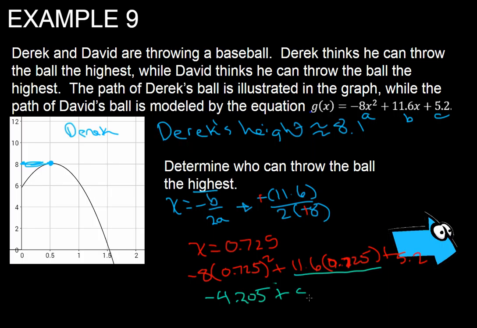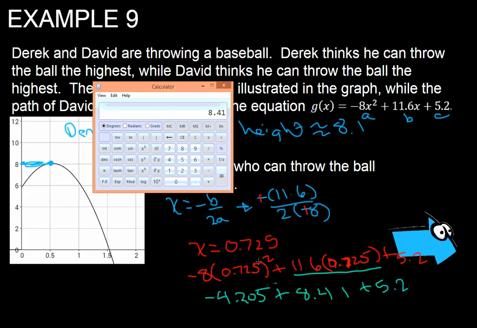So plus 8.41 plus 5.2. All right, so here we go. Let's combine these two together. So we have 8.41 plus 5.2, and then we're going to minus 4.205 from it, and we're going to get 9.405.